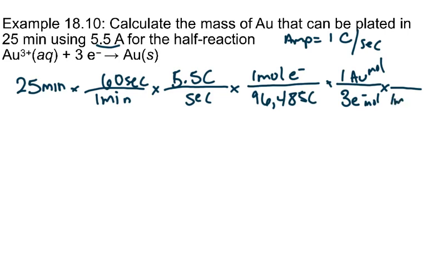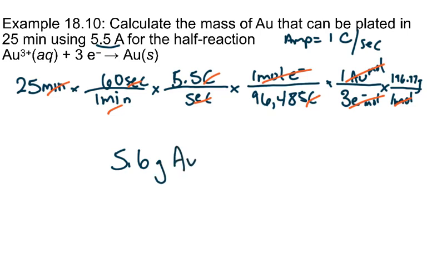The molar mass of gold is 196.97 grams. So I converted my minutes into seconds, my seconds to coulombs, my coulombs to moles of electrons. Then I use my balanced equation to go from moles of electrons to moles of gold, then moles of gold over to grams of gold. So if I do all of that math, I get 5.6 grams of gold.